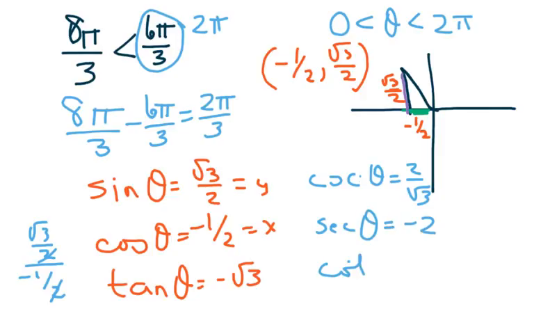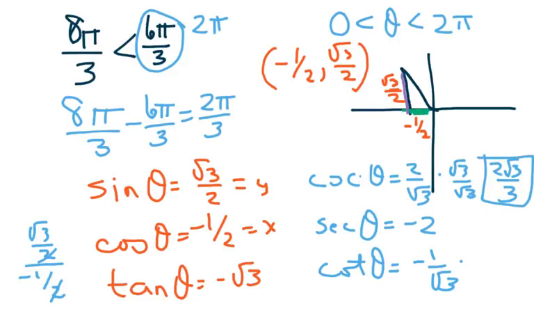And cotangent of theta equals negative 1 over root 3. We're going to have to rationalize these over here. So we're going to get 2 root 3 over 3 for cosecant. And I'm going to have to rationalize this one: negative root 3 over 3. Okay. And there's your 6 trigonometric functions.